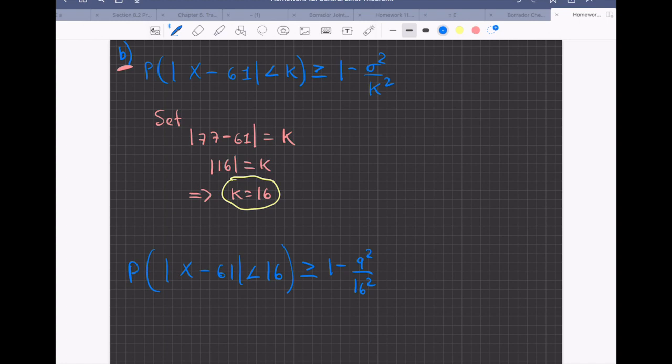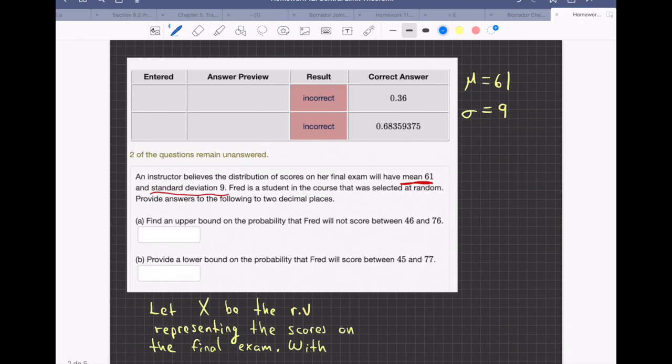And if you do it, this part is equal to 0.6835427. That is the answer we have here.